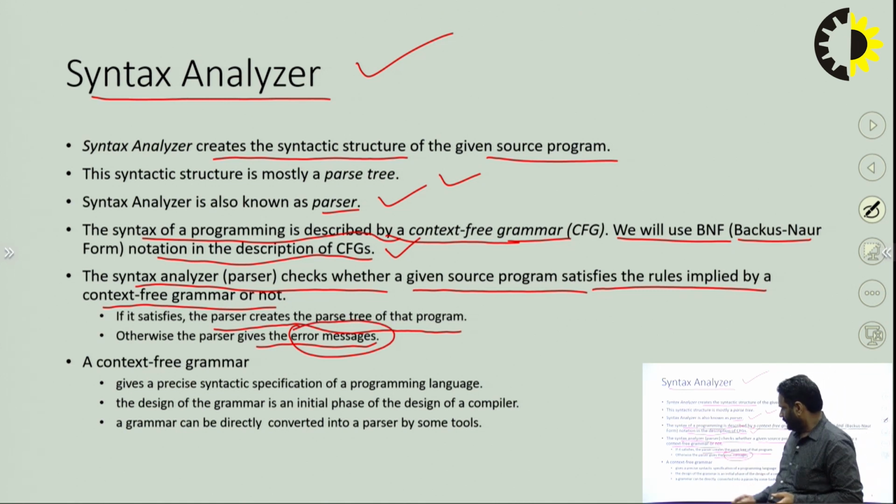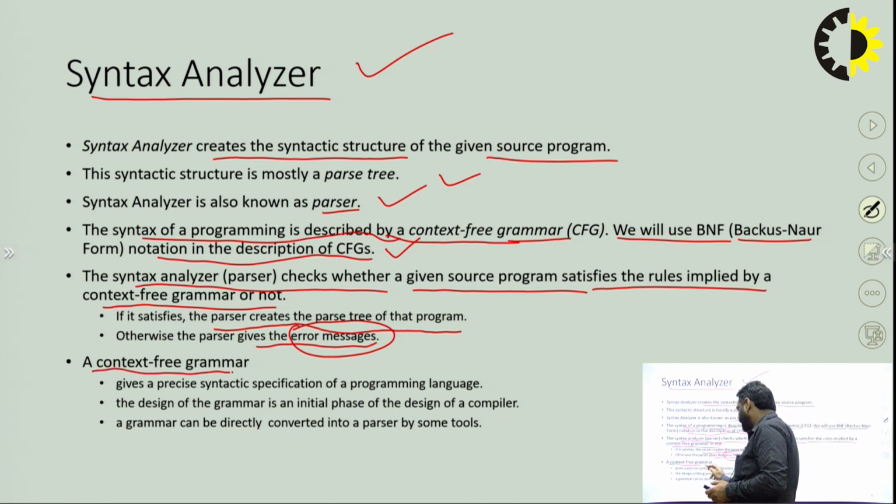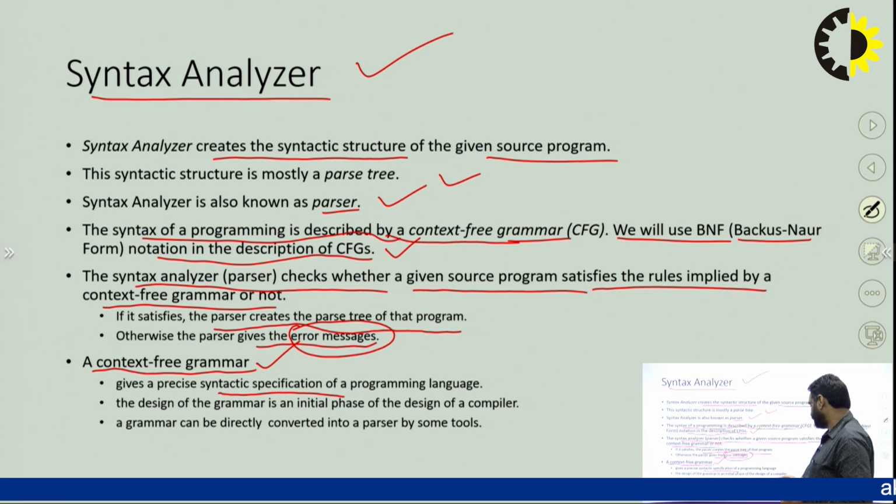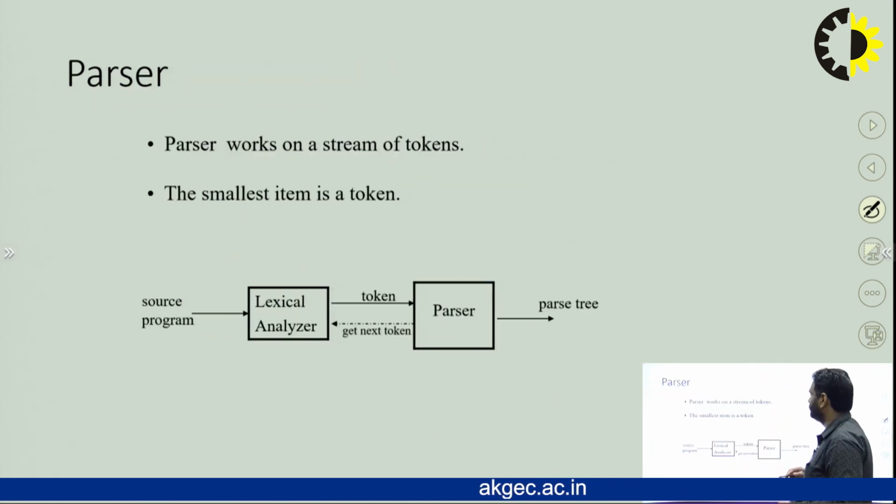And then context-free grammar gives a precise syntactic specification of the programming language. It is a very common grammar. The design of the grammar is an initial phase of the design of a compiler. A grammar can be directly converted into a parser by some tools. Now these tools are very common to each other.